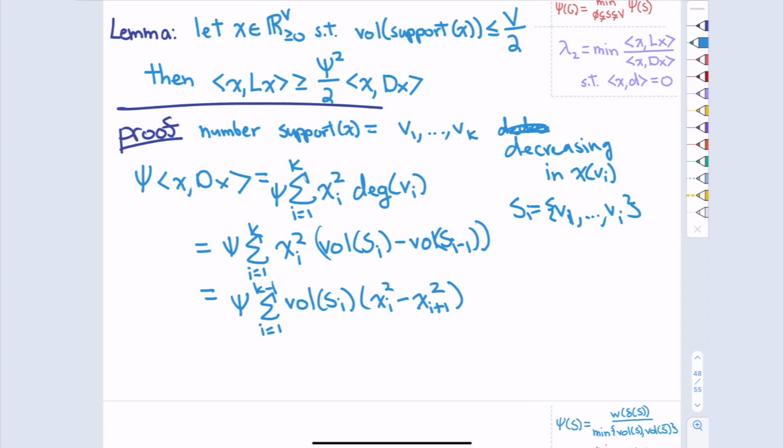Okay. Here now is your guys' chance to shine. I want to get rid of this conductance term. How can I get rid of the conductance term? It's going to be a less than or equal to.